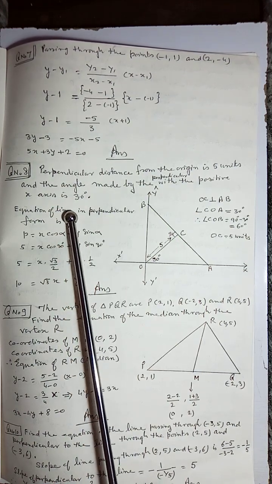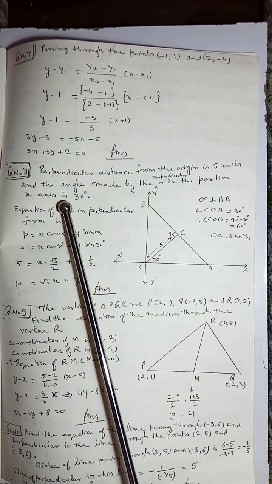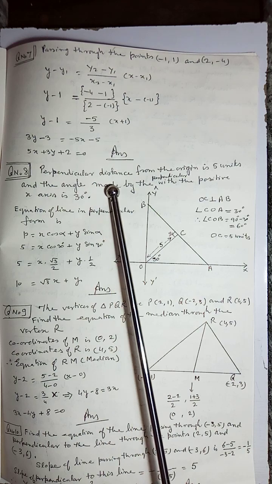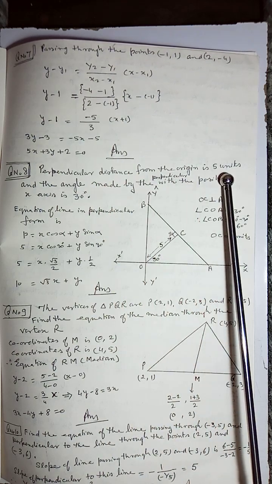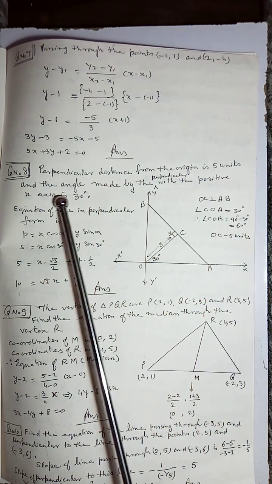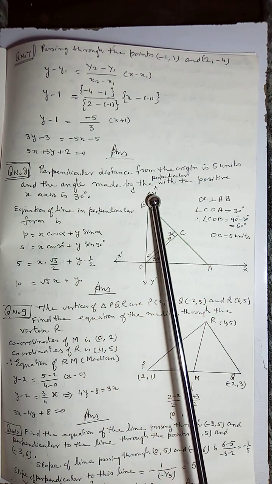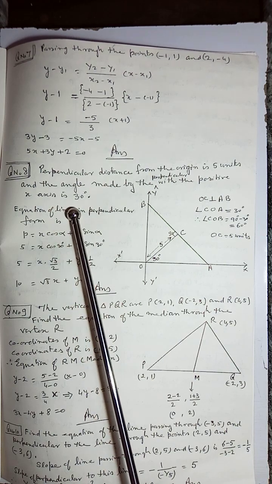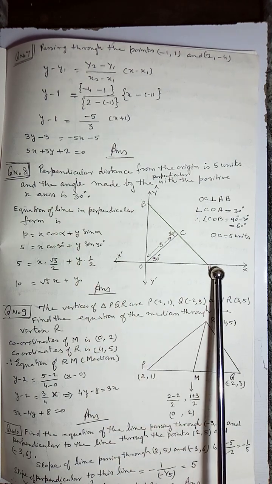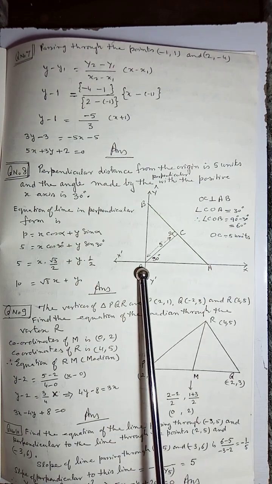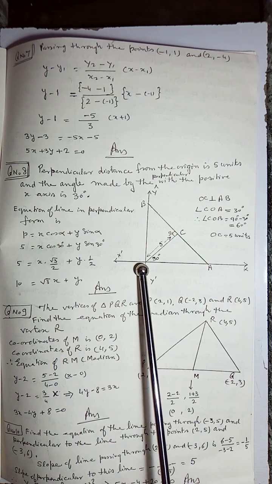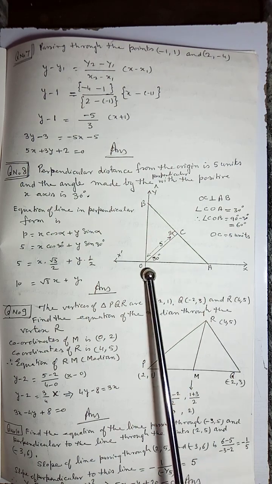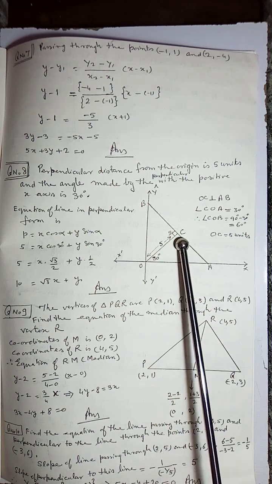We have to find the equation of the line whose perpendicular distance from the origin is 5 units, and the angle made by the perpendicular with the positive x-axis is 30 degrees. You see there is a line AB, and from the origin a perpendicular has been drawn, that is OC is perpendicular to AB, and OC is equal to 5 units.